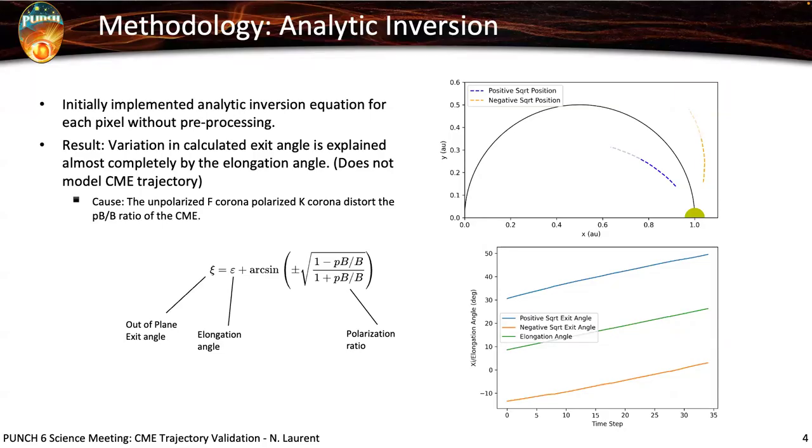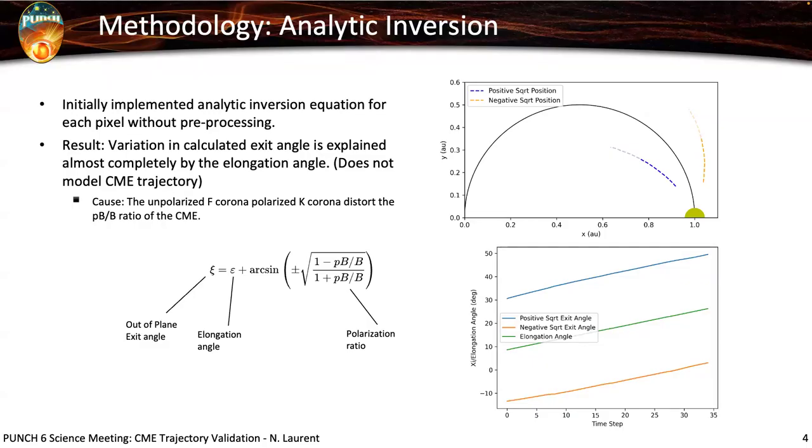Part of this is the analytic inversion. So that's what Kurt was talking about earlier. We use the polarization ratio from each pixel along the trajectory of the CME. And as initially implemented, this really doesn't give us much. The blue dashed and orange dashed lines in the figure on the upper right show that we don't get a very radial trajectory and can't distinguish between the ghost and real trajectories.